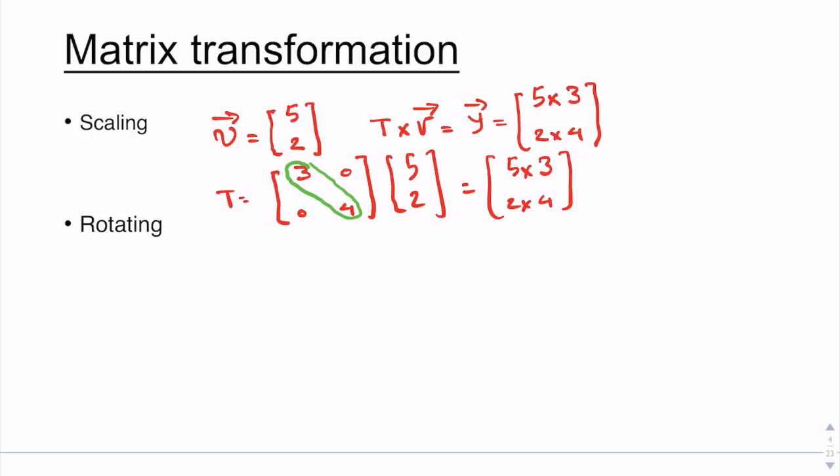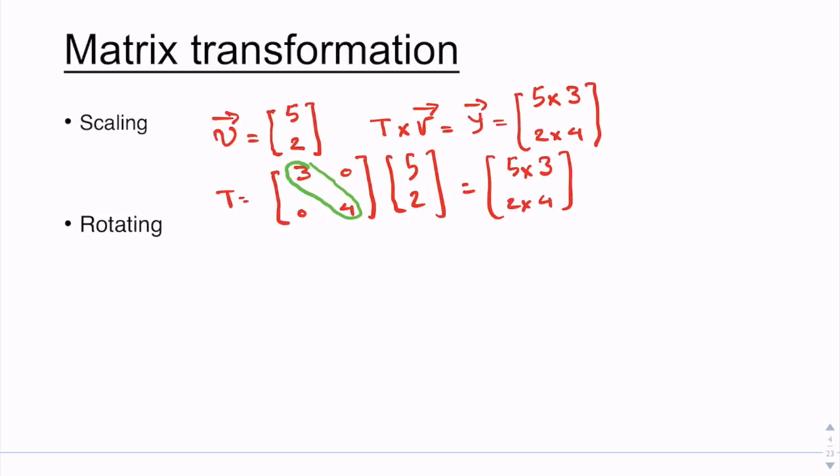For rotating a vector or an image, an image is basically a stack of vectors which can be represented as a matrix, and each column of that matrix is a point, a sample from our data sets, or each coordinate of our data sets.